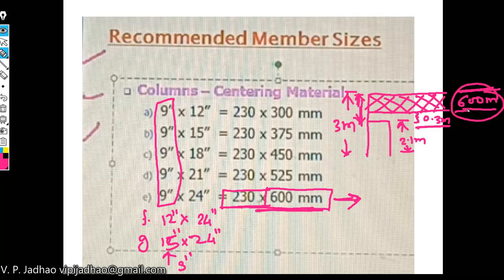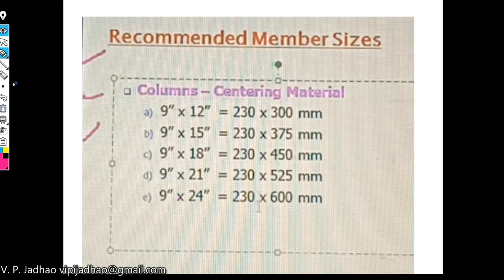If in no case your depth is increasing more than this 600 mm, you should either go for a doubly reinforced beam, or you should increase the width of your beam. Now you should also keep in mind the minimum dimension of your column.